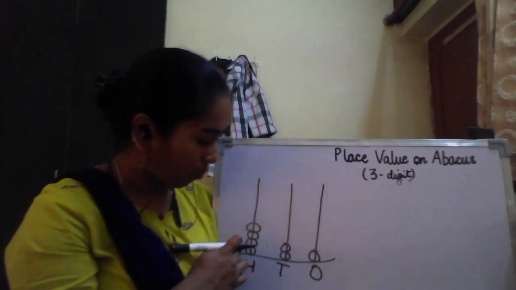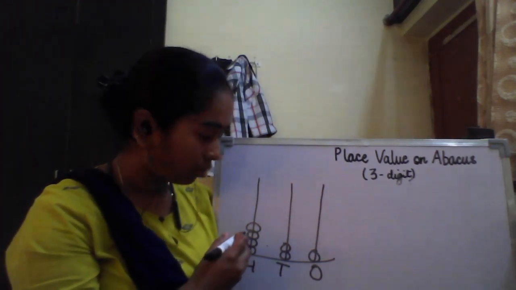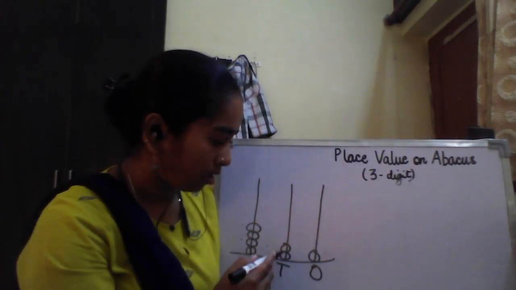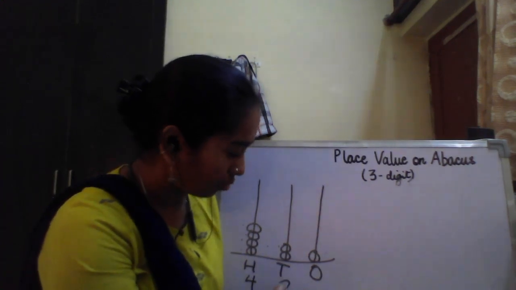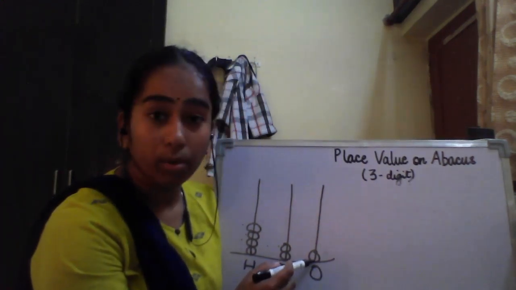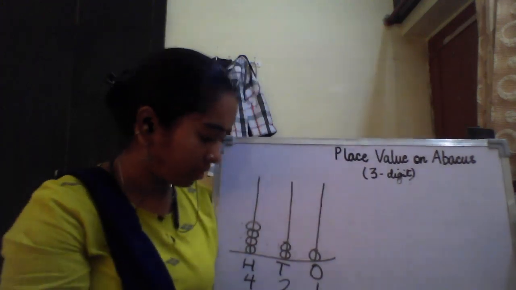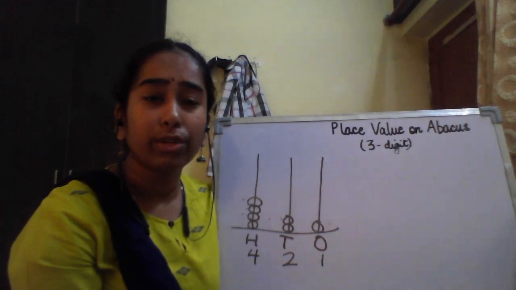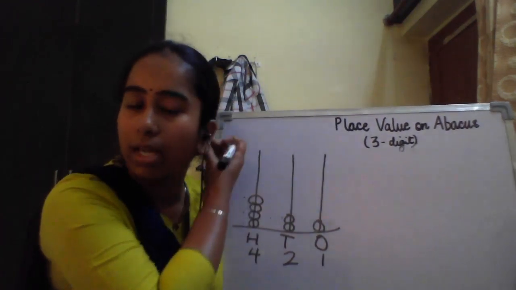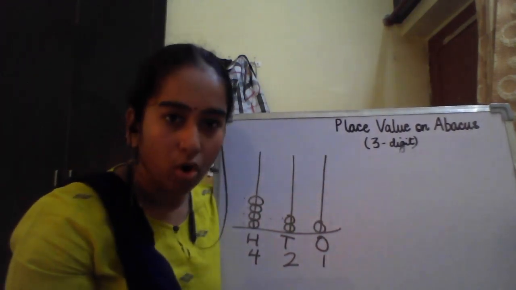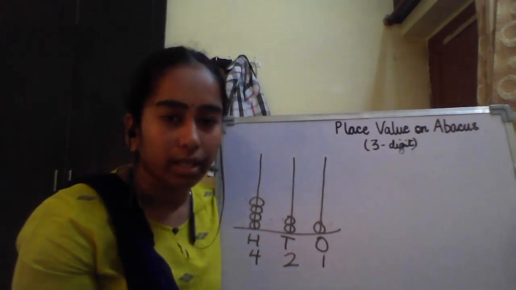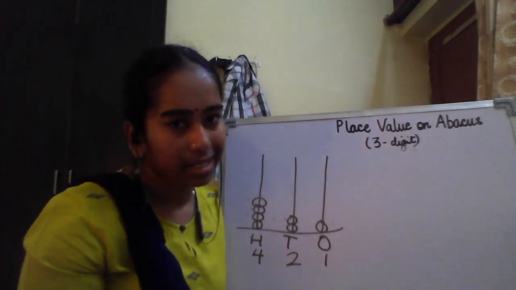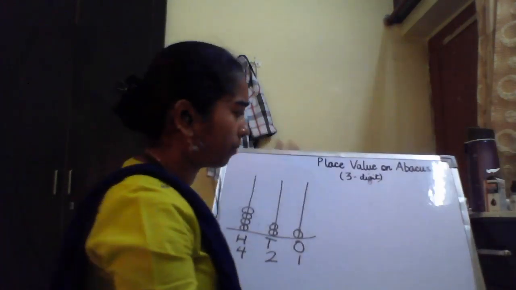Count with me: 1, 2, 3, 4. So 4. Then 1, 2, so this is 2. And now we have 1 here. So the number that becomes here is 421. How will you read it? 421. Simple. Let's do one more.